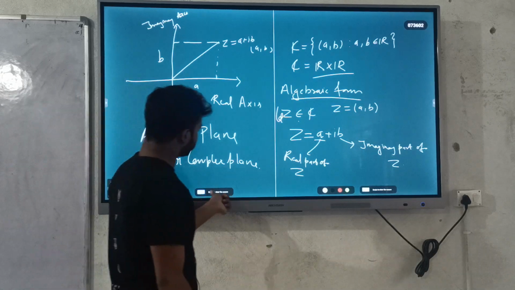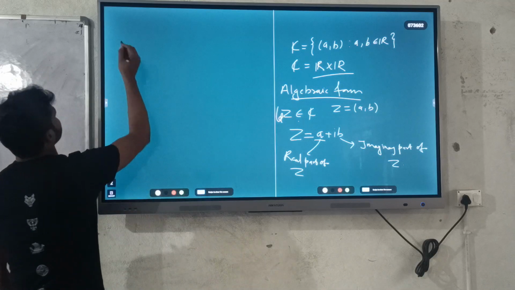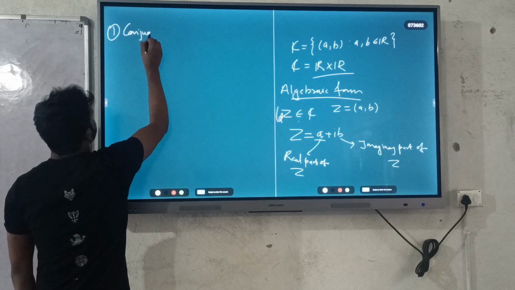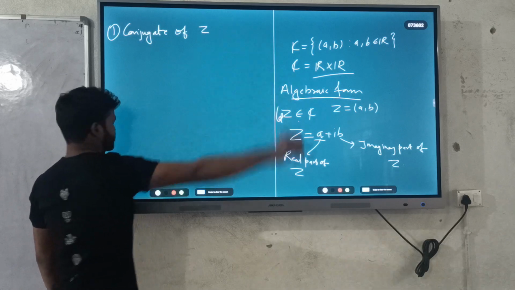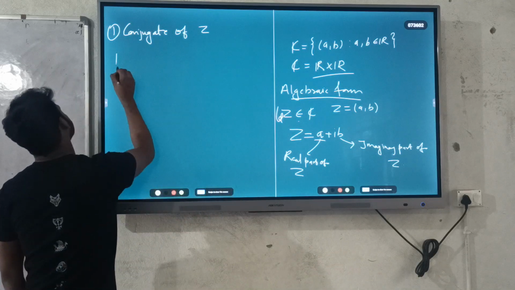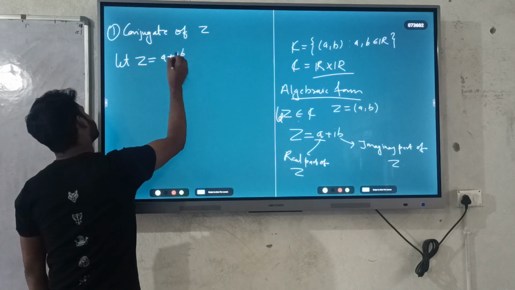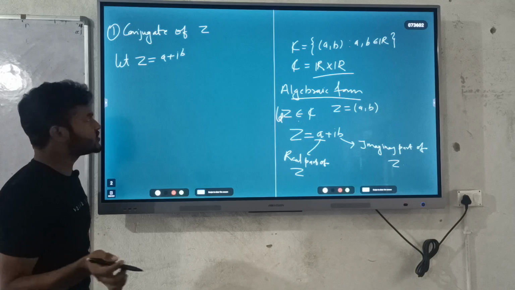Now let's understand some basic terms of a complex number. The first one is the conjugate of a complex number z. So let z equal to, we take the algebraic form of z, a complex number, and we want to find the conjugate of z.